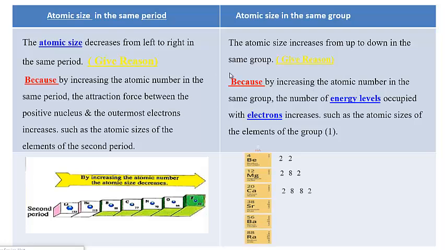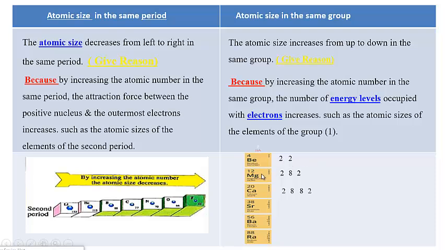For example, if I make the electron distribution for beryllium and magnesium: beryllium, the atomic number is 4, the first energy level carries 2 electrons and the second carries 2 electrons.